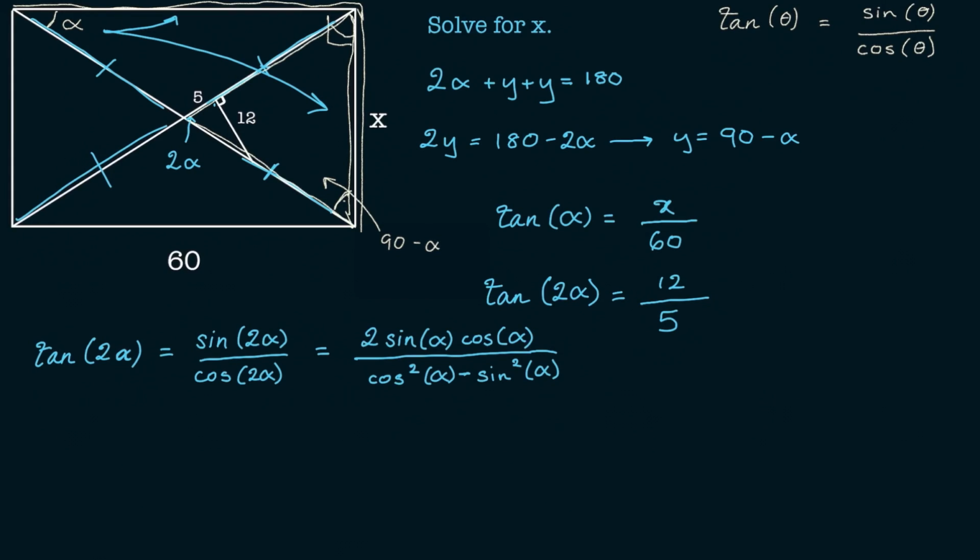Alright. Next, what we'll do is we'll divide the numerator and denominator by cosine squared of alpha. So let's do that.